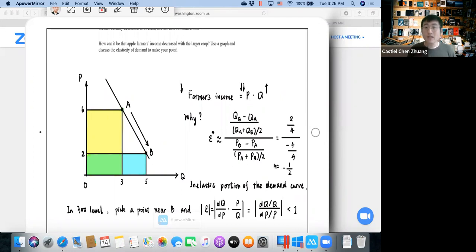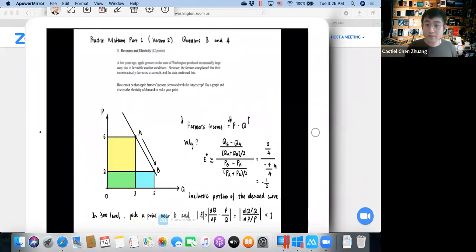And having the elasticity smaller than 1 means that the demand is inelastic. And when the demand is inelastic, increasing the quantity will lead to a larger decrease in the price, which will lead to a lower income in total. Okay, so this is question 3.